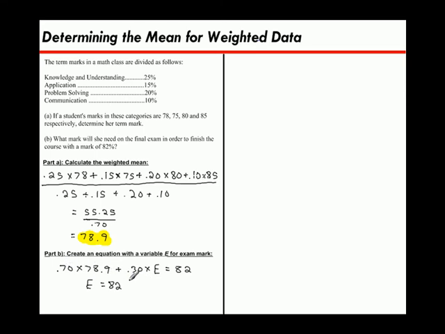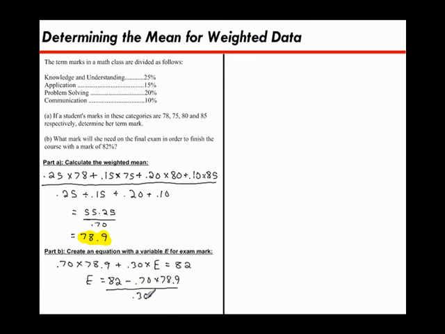This whole piece is going to move to the other side, so I'm going to subtract it since it was being added in the first place. And finally, there was a 0.3 multiplying the e, so it goes over to the other side as division. From here, it's just a matter of punching in whatever I see here into my calculator. I'm just going to give e equals, and then I'll skip the calculator work because it's pretty straightforward, but you should get a final answer about 89.